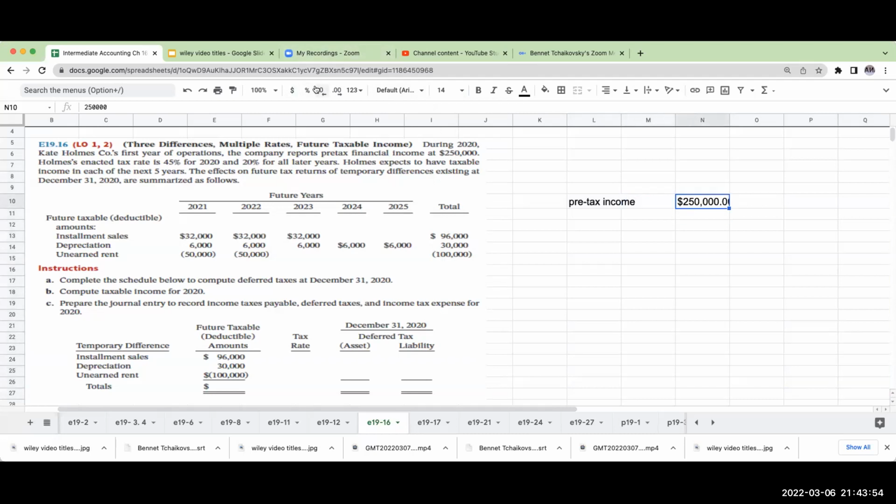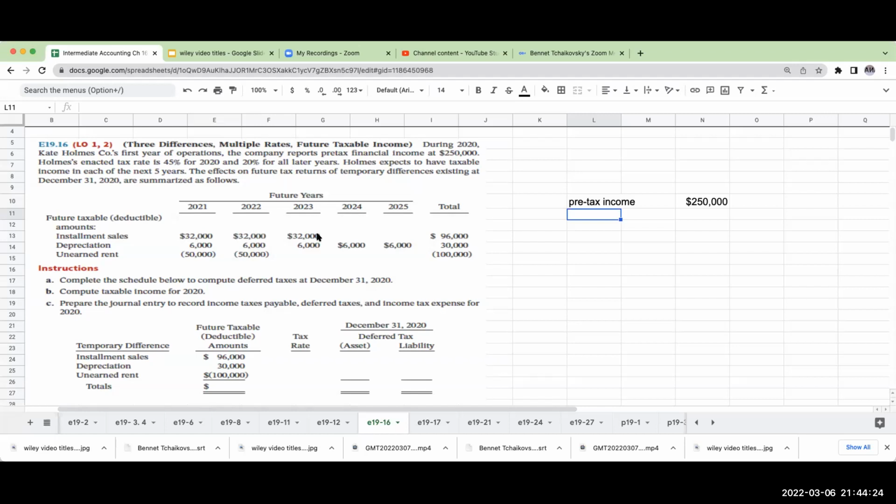Now, when it comes to installment sales, I did not record them for tax purposes now, but they're going to become taxable in future periods.